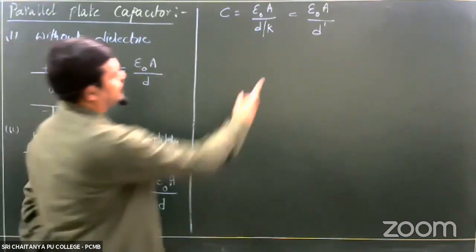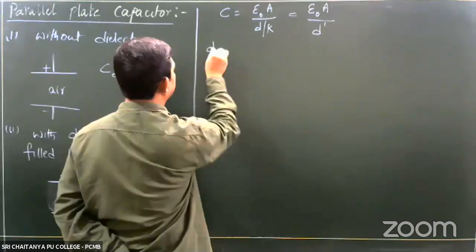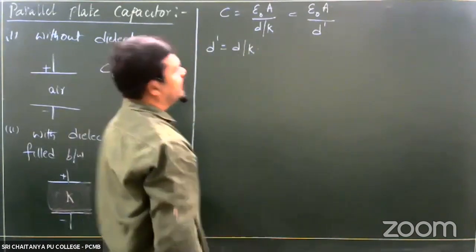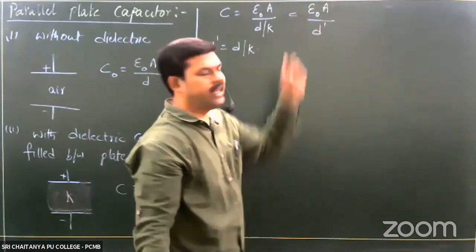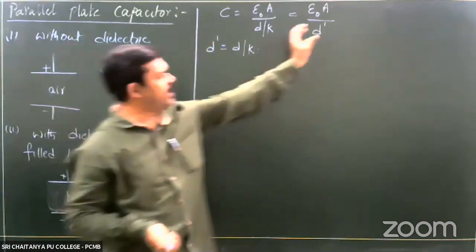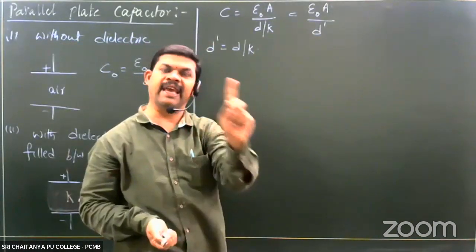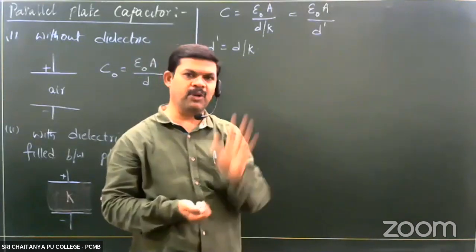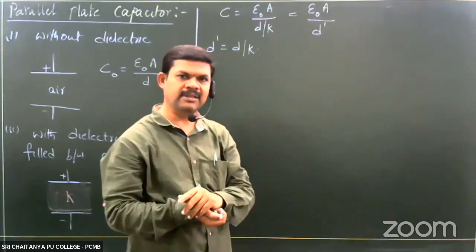From this, what is D dash? D dash is equal to D by K. Epsilon naught A by D dash is the formula for capacity, where D dash is some distance in air.